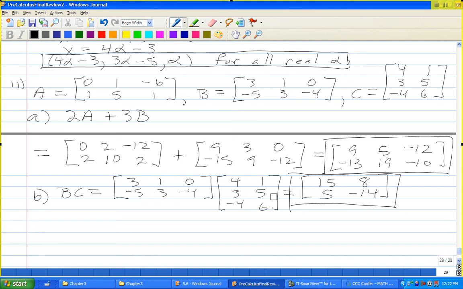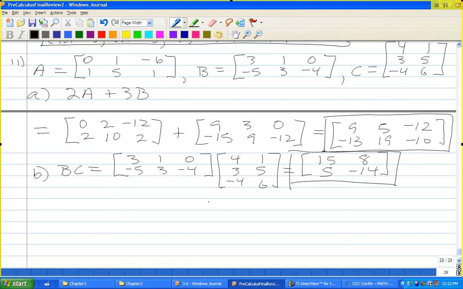Minus 5 plus 15, so 15 minus 5 is 10, minus 24 is minus 14. C times B: 4, 3, negative 4, 1, 5, 6 times 3, 1, 0, negative 5.